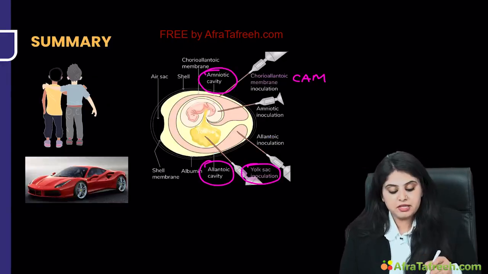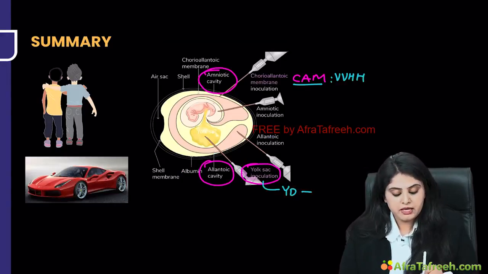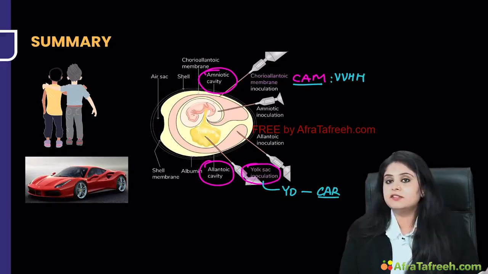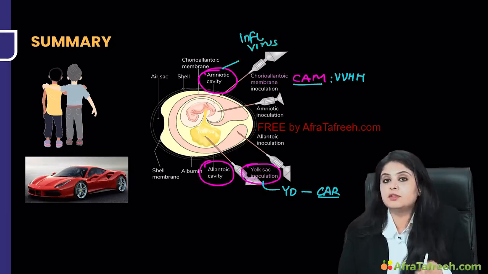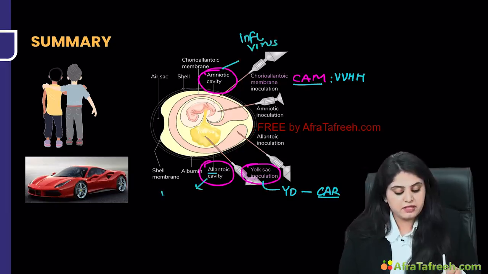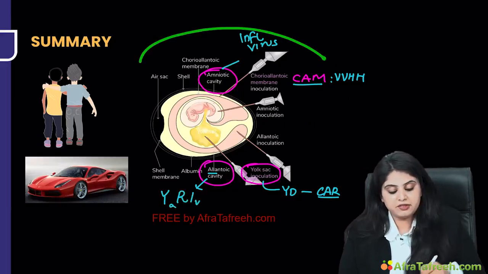Coming to the summary: chorioallantoic membrane, vaccinia, variola, HSV1, HSV2. Yolk sac, yo-yo car: chlamydia, arbovirus, rickettsia. In the amniotic cavity influenza virus is grown, but in the allantoic cavity yellow fever virus, rabies virus and influenza vaccine are grown. That is the summary of the entire egg.